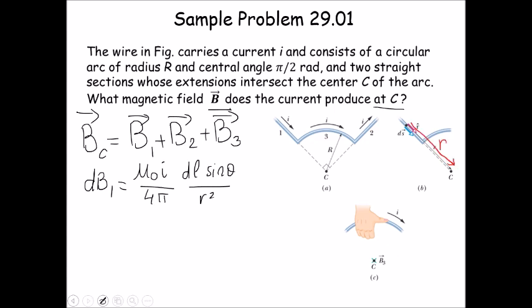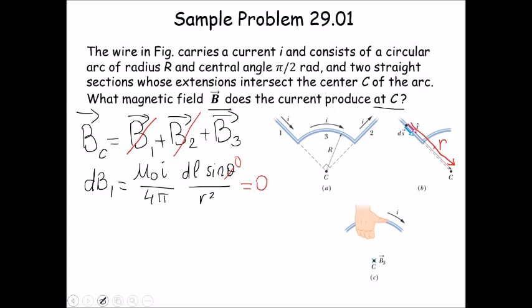What is the angle between r and dl? That's 0. What is sine of 0? Just 0. So dB1 is 0, which means B1 is 0. Similarly, for the same reason, the magnetic field created by wire 2 is also 0. So the magnetic field created at the center is just the magnetic field of a circular arc.